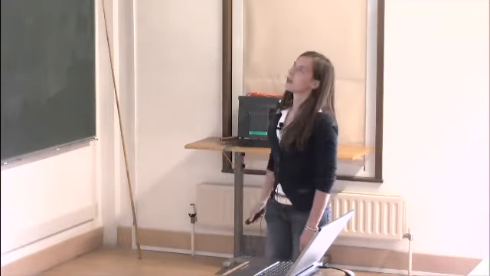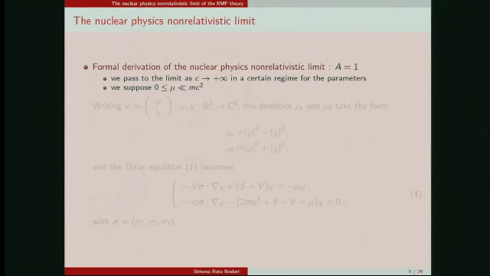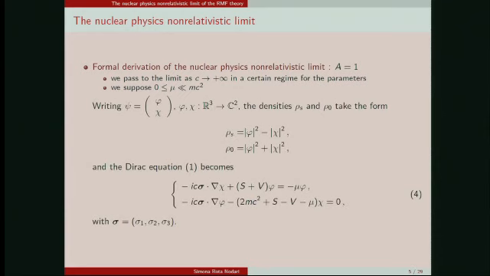Then first, we suppose that the energy μ of the nucleons is much less than mc². Then we write the Dirac spinor as spinor up φ and spinor down χ, and as a consequence the scalar density ρ_s and the density ρ_0 can be written in this way.